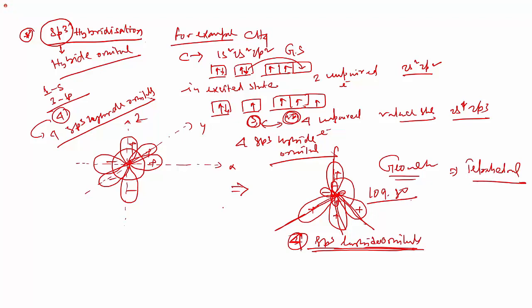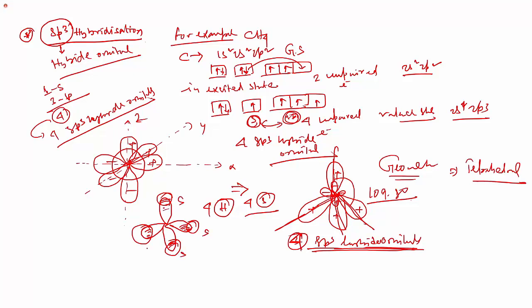Now in CH4, 4 hydrogens are present. We know that the 4 hydrogens will have 4 s orbitals. So when they bond with these 4 sp3 hybrid orbitals, they will form like that. They are forming these bonds. This is an s orbital, this is s, this is s, this is s, but this is an sp3 hybrid orbital, this is sp3, this is sp3, and this is also sp3.